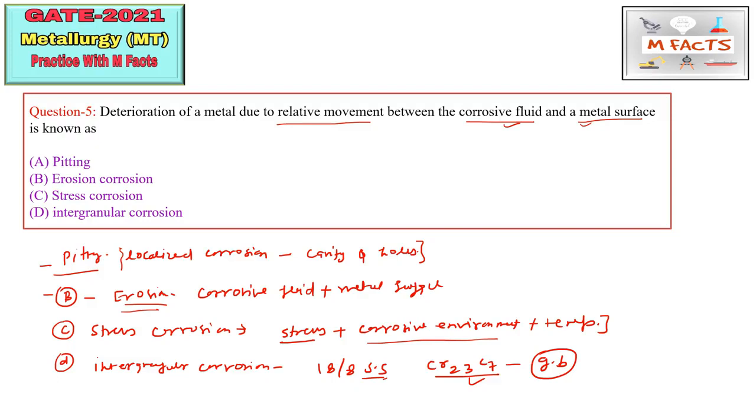These two things are responsible for intergranular corrosion. So we have seen all the options. For this question, deterioration of metal due to relative movement between the corrosive fluid and metal surface is known as erosion corrosion. So the B part is correct.